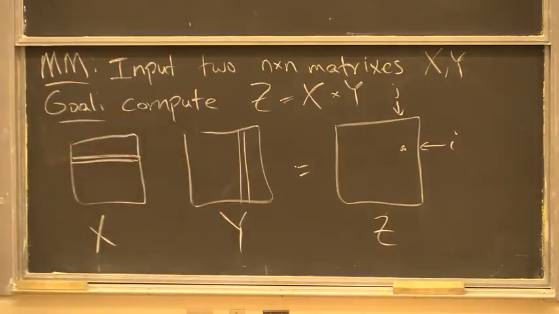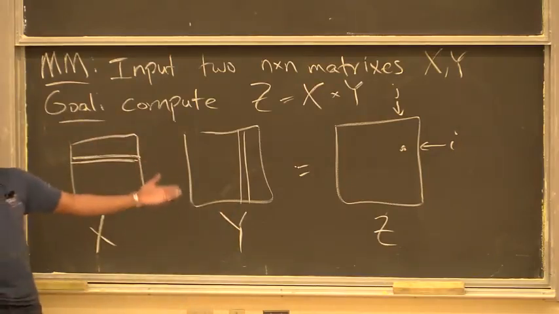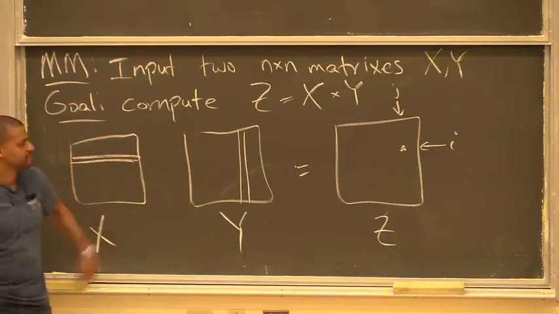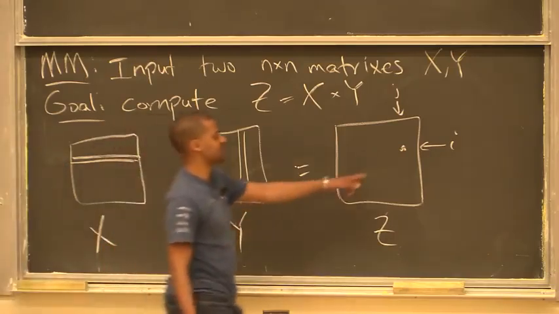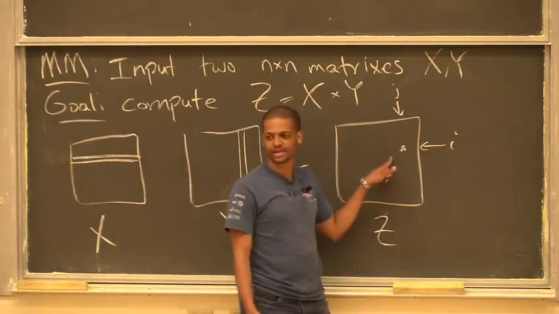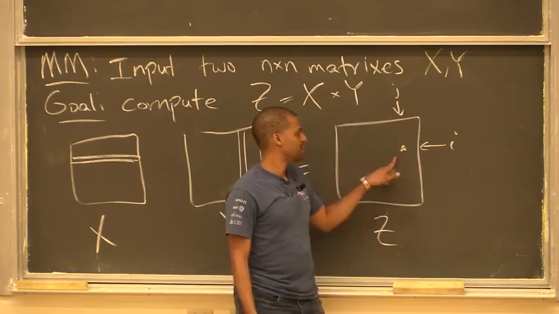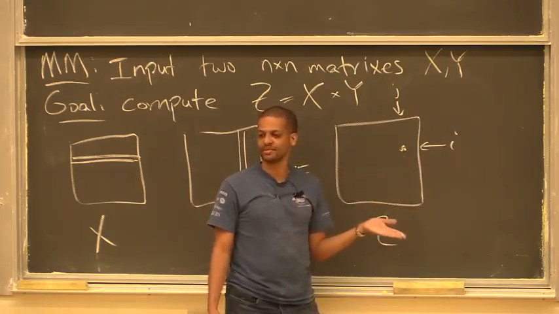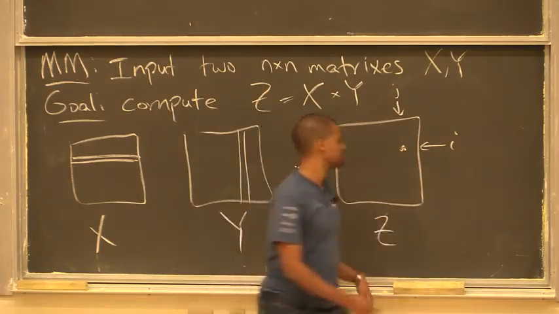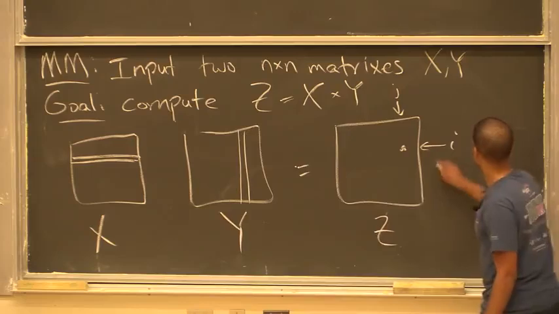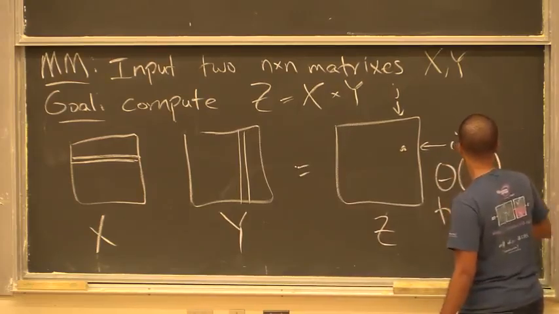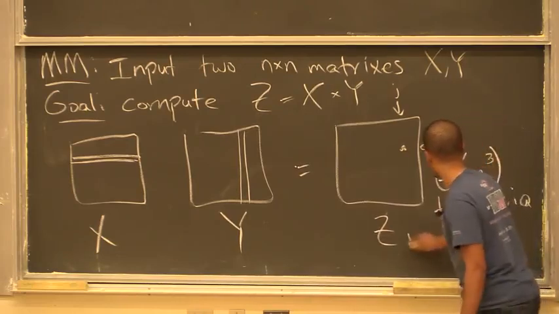How do you compute the dot product? It's a for loop of length n, because there are n entries here. So you can get each entry of z in time proportional to n. There are n squared entries here. So to get all of them would take n cubed time, just using nested for loops. So theta n cubed time via nested for loops.